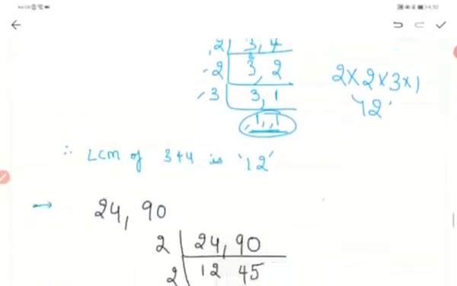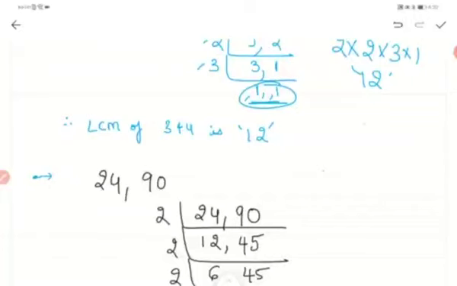But if you have big numbers like 24 and 90, you need to write out the multiples. So 24's multiples will be 24, 48, and so on. You need to write 90's as well. So you can't find the common one for such big numbers very easily. You need to write the factors and get them, so this will become a little bit tough for you.